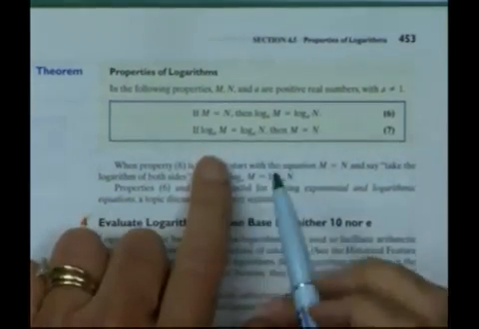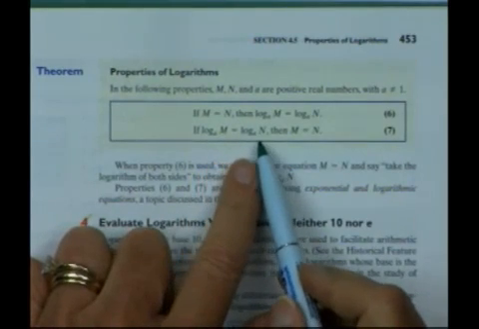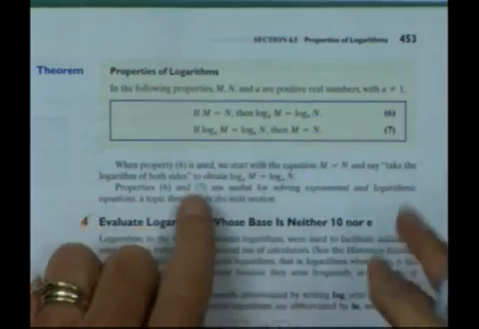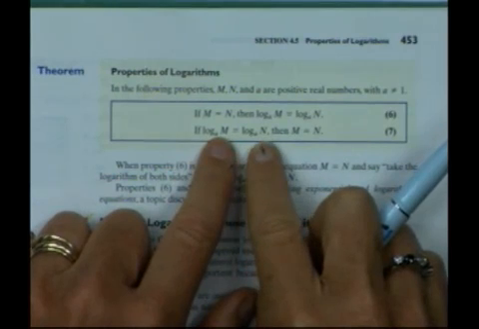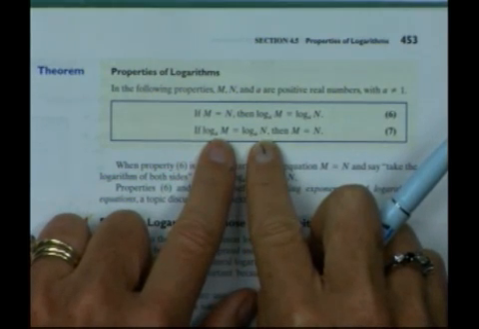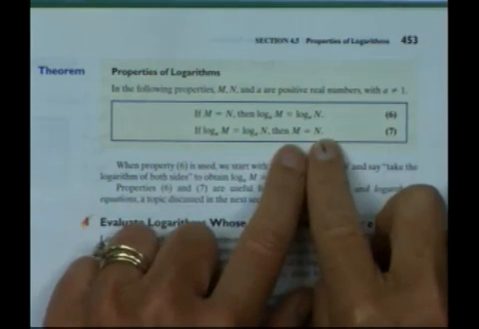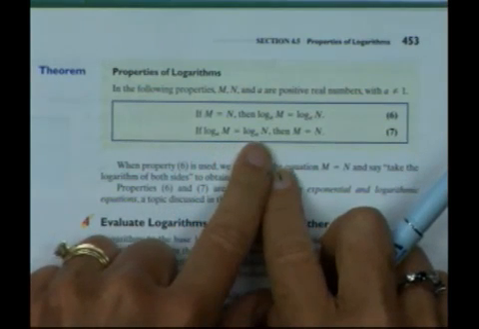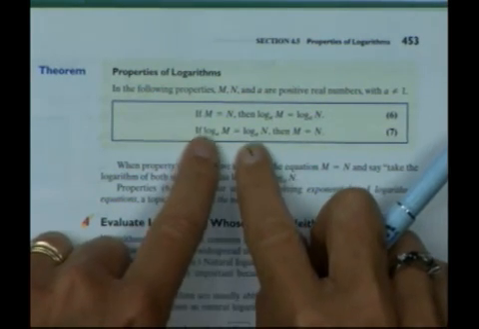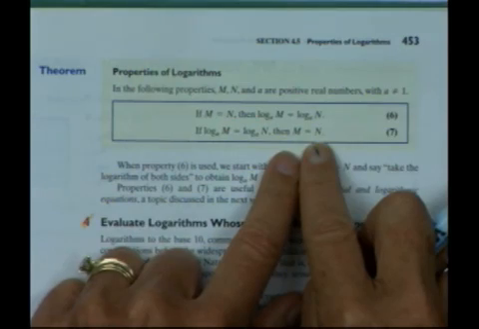If log to the base a of m is exactly equal to log to the base a of n, you've got logs to the same base on both sides, and you've got an argument m and an argument n. Wouldn't common sense tell you that the m and n must be the same thing? So if log to the base a of m equals log to the base a of n, common sense tells you the arguments must be equal.